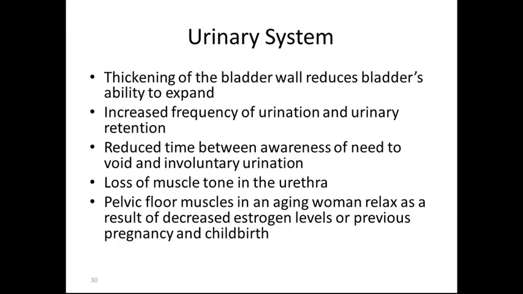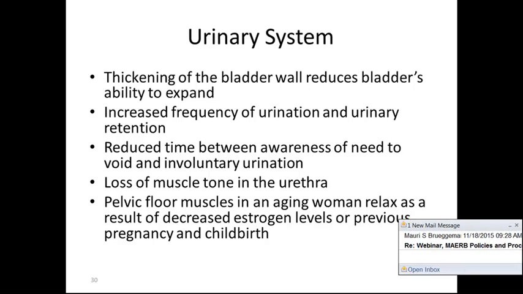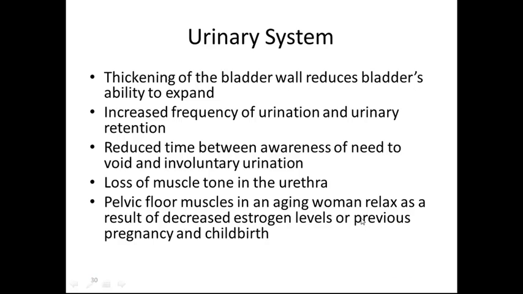The loss of muscle tone in the urethra often happens, and pelvic floor muscles in aging women relax as a result of decreasing estrogen levels, previous pregnancy, and childbirth. We oftentimes will try medications such as oxybutynin, or we will recommend pelvic floor exercises such as Kegel exercises.